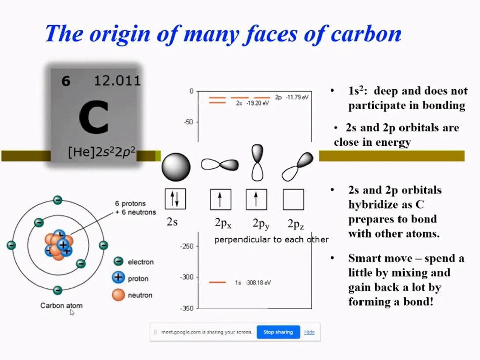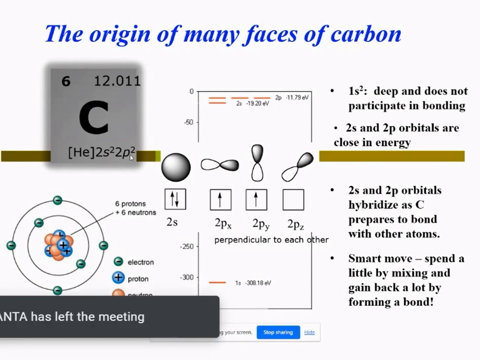The reason why carbon forms so many different compounds is simply because the outermost shell, which is the 2s and 2p, are not very far from each other in energy. So if you take the electrons from the 2s to 2p, it will cost you a certain amount of energy.